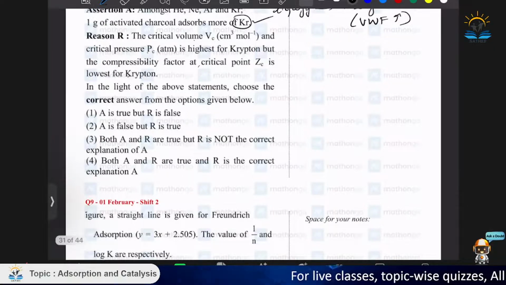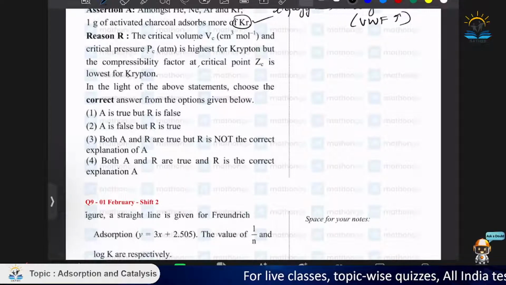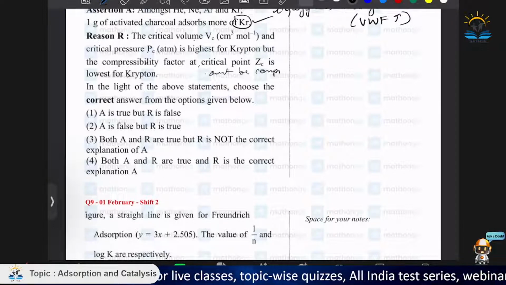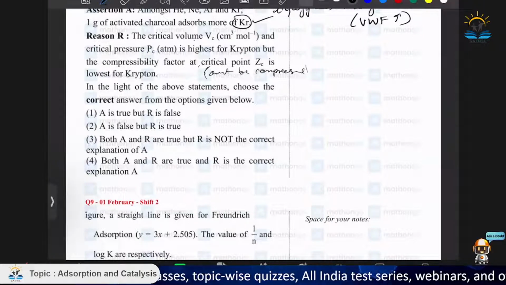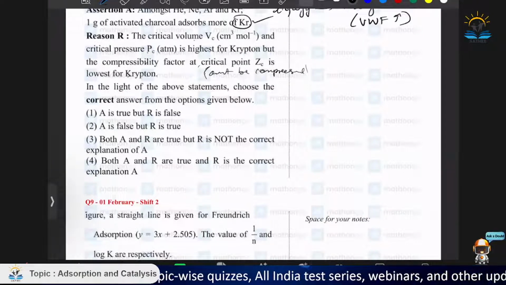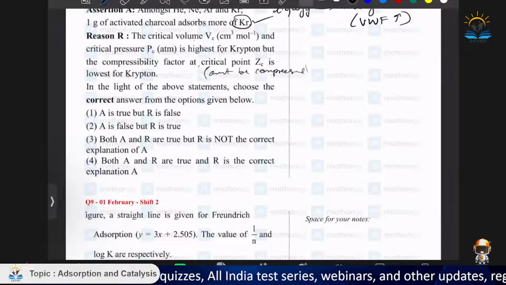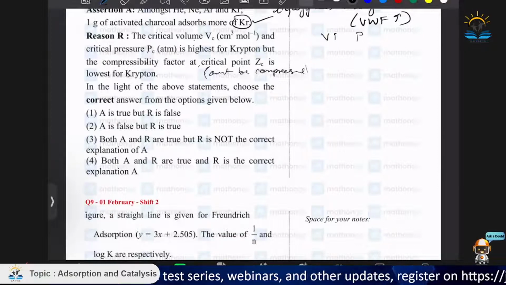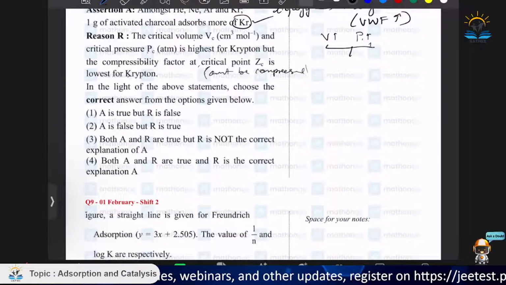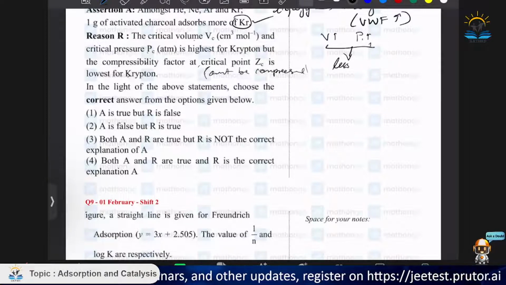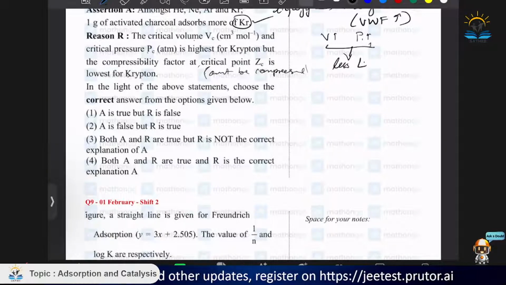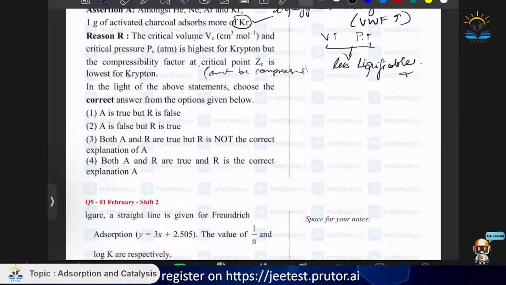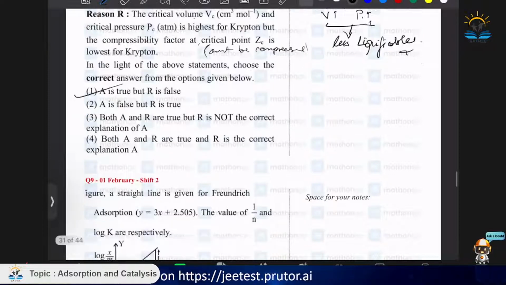So compressibility factor at critical point is lowest for krypton, which means it can't be compressed, but critical volume and critical pressure are highest for krypton, which means at critical temperature, when it can be liquefied easily, the volume is really high, P is also really high, which implies that it is less liquefiable, which I don't think is true. So assertion is true, but reason is false.